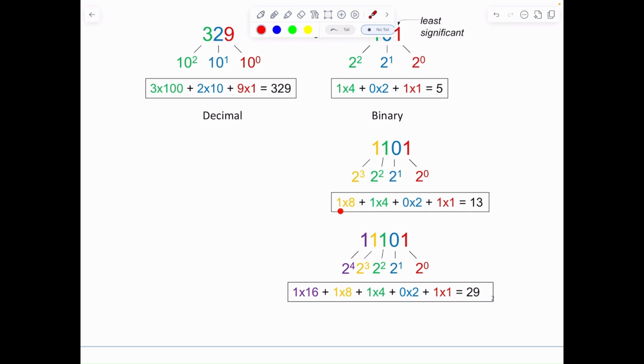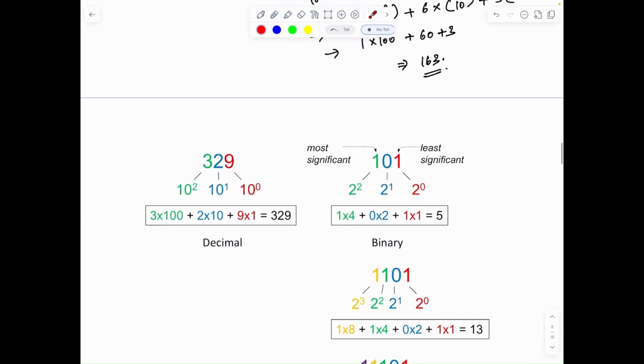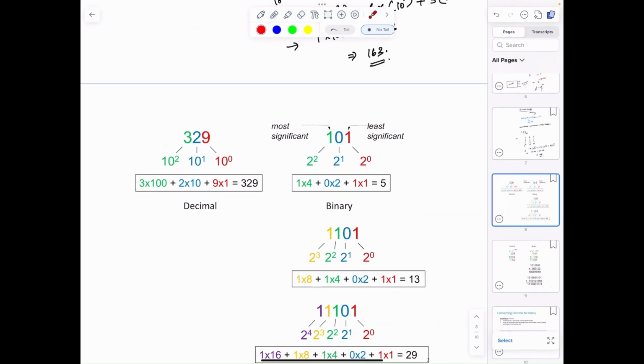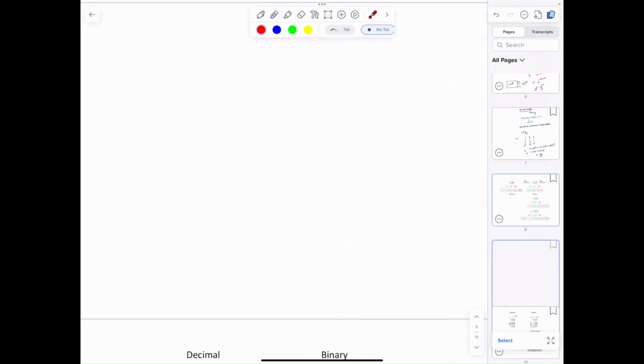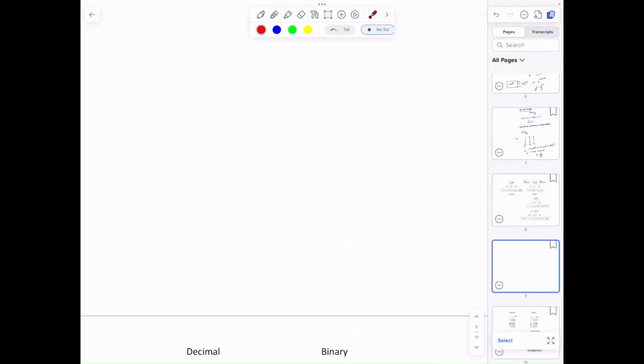So in this case, I have 1 eight and 1 four, but there is no 2's representation here, and I have 1 one. The addition of that is the value 13. Okay, so let's do this simple calculation. So this is our first conversion, right?